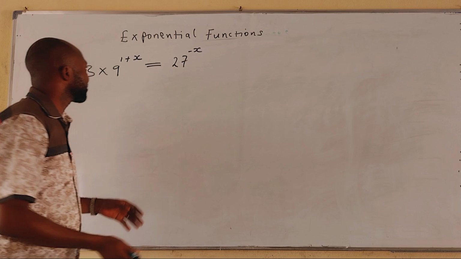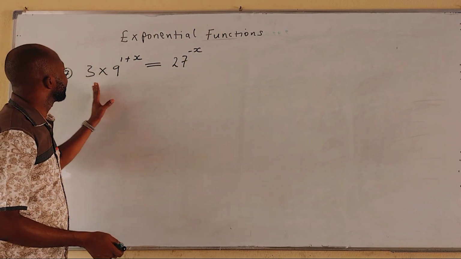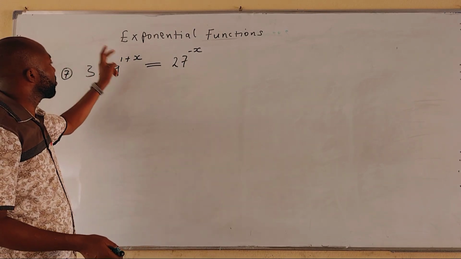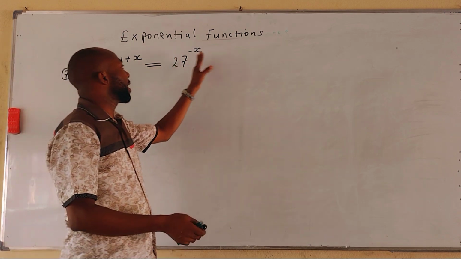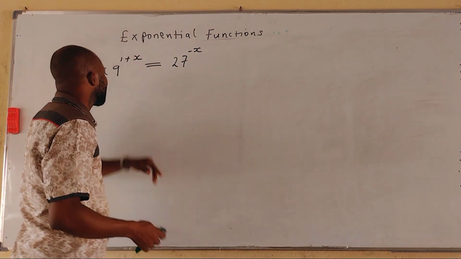Alright. If 3 times 9 raised to the power 1 plus x is equal to 27 raised to the power minus x, we should find x.